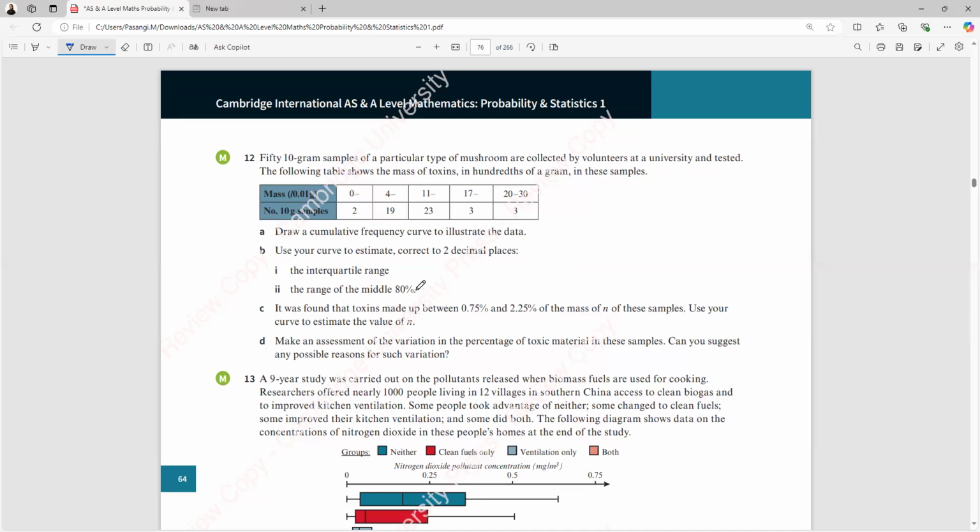These are the values: 0 to 4, 4 to 7, up until 17.